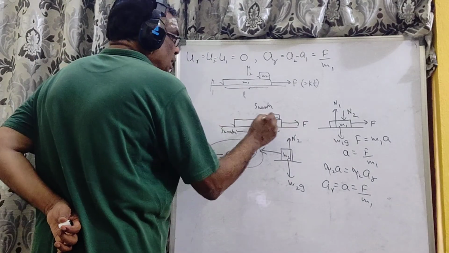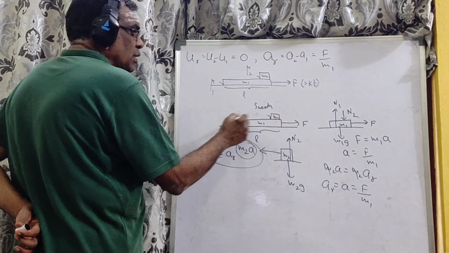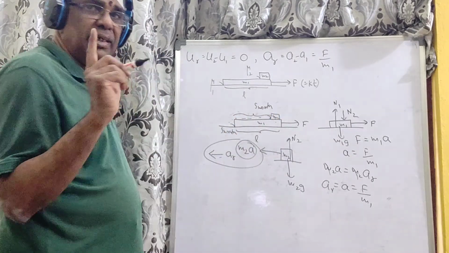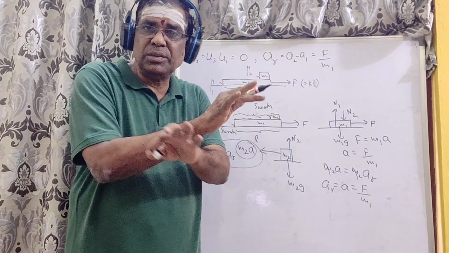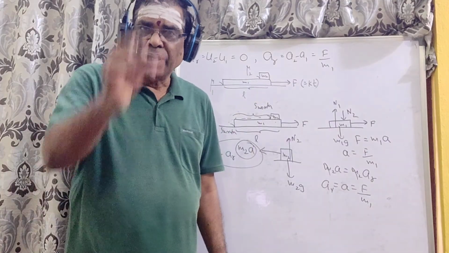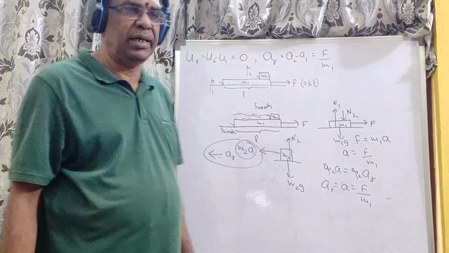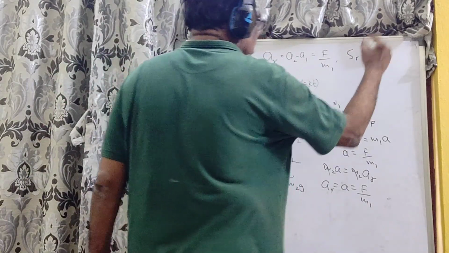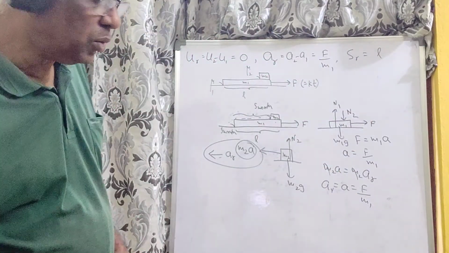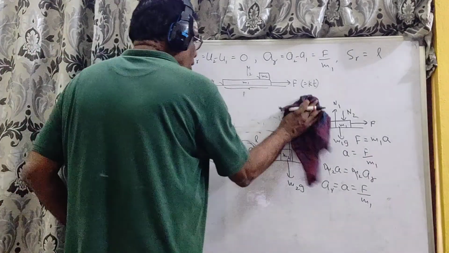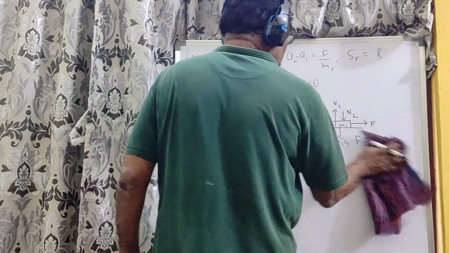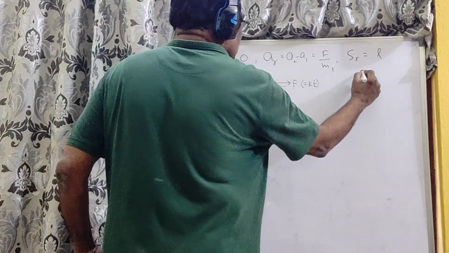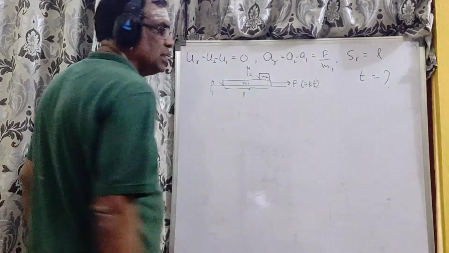And what is the relative displacement? With respect to this, how much is this covering? L. In reality, M2 doesn't move at all. It will fall there only. So the relative displacement is L. Now you can see, if you have U, A, S, what time does it fall?